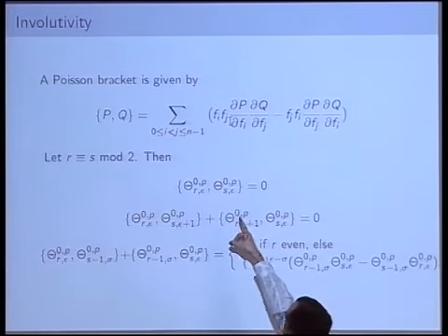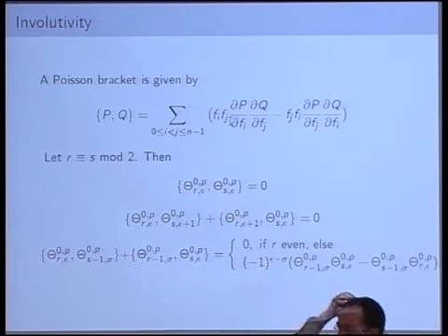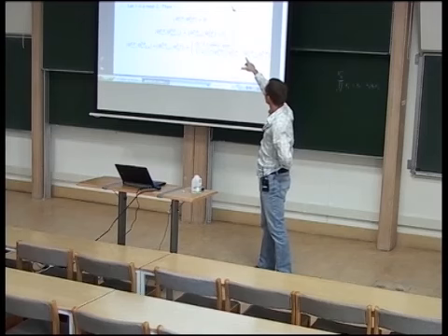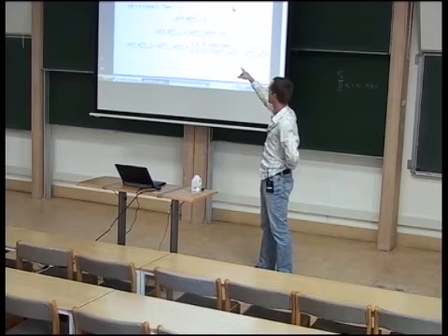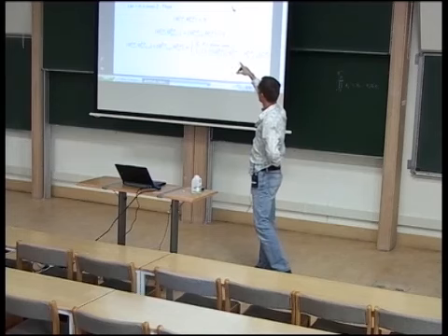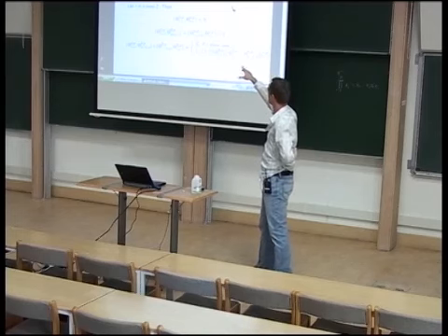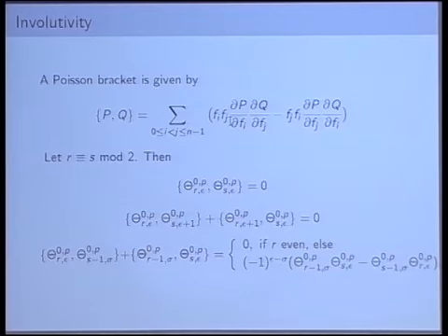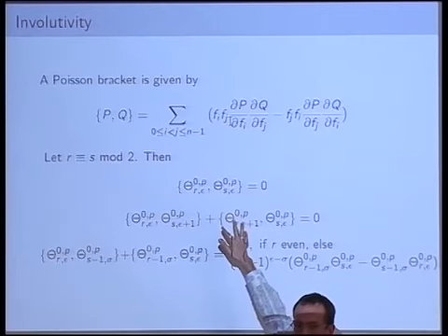We've got basically, well, S can run from 0 to P, but from 0 we get a constant. So basically there are P functions, and that should have been an N. P is equal to N on this slide. So there are P or N functions, but half of them are in involution.